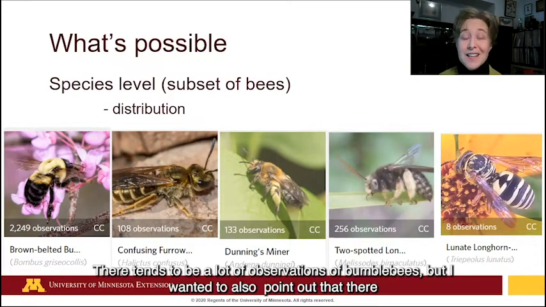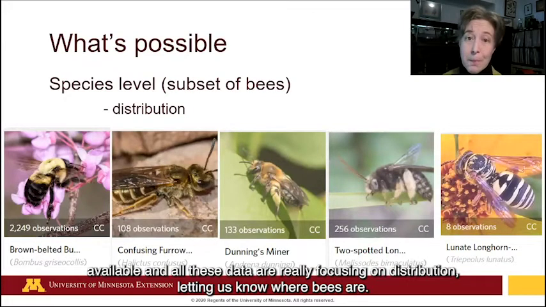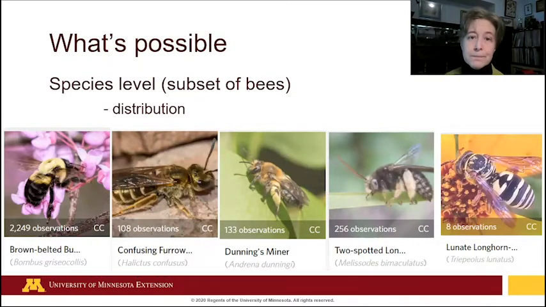There tends to be a lot of observations of bumblebees, but I wanted to also just point out that there are a lot of other species that can be identified to that level when there are high quality photos available. And all these data are really focusing on distribution, letting us know where bees are.